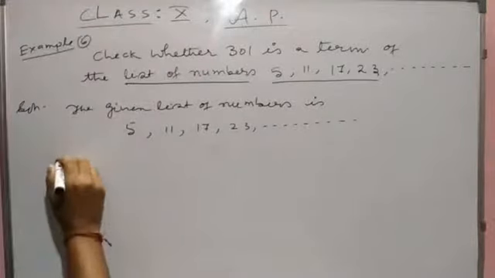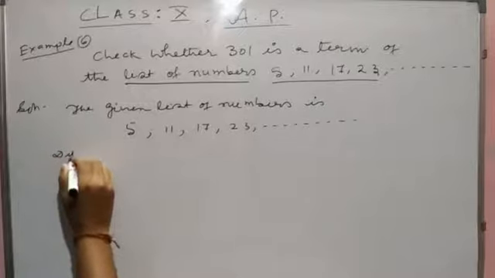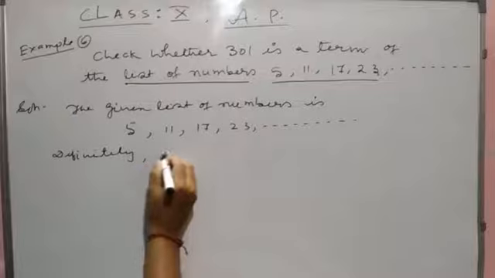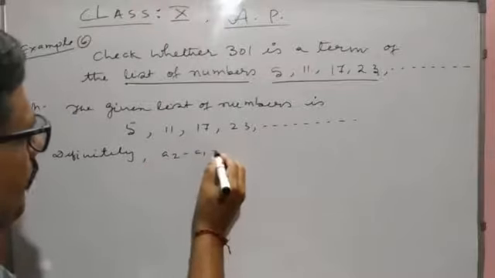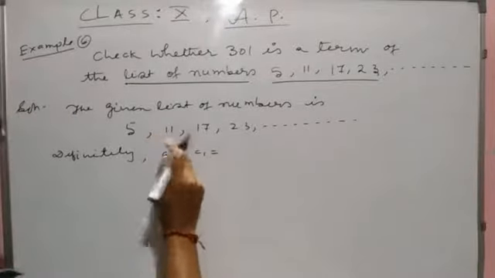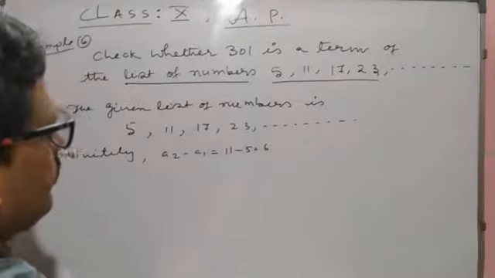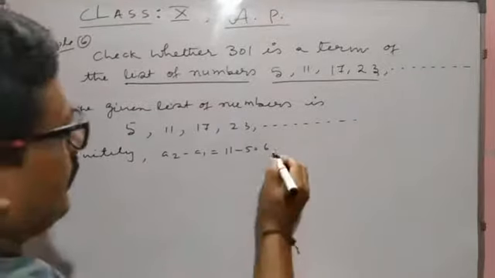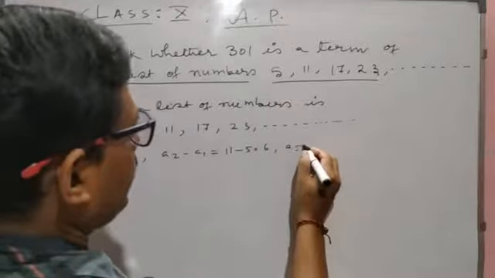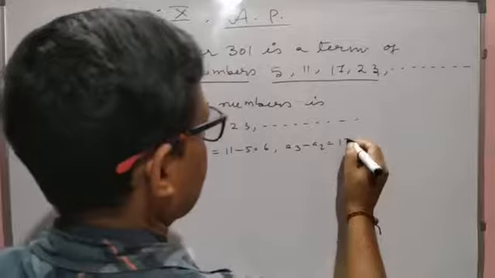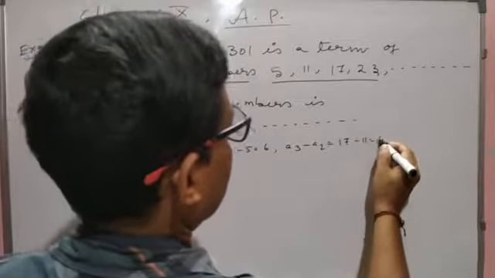So definitely, A2 minus A1 equal to 11 minus 5 equal to 6. A3 minus A2, that is 17 minus 11 equal to 6.